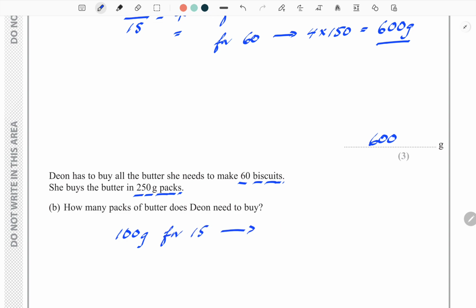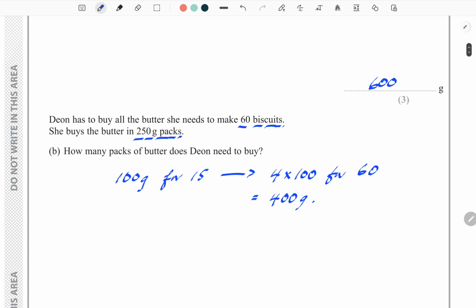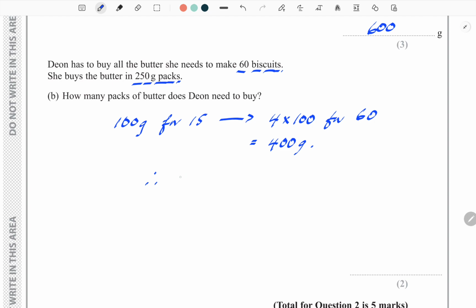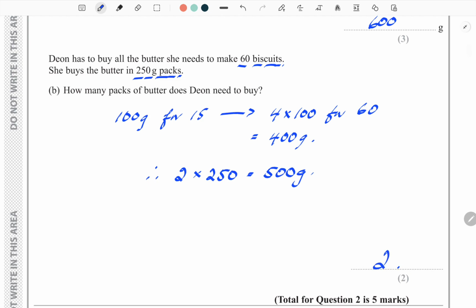So therefore, 4 times 100 for 60 equals 400 grams. And if it's 250 grams per pack, therefore we need 2 packs, 500 grams will be enough. So the answer is 2 packs.